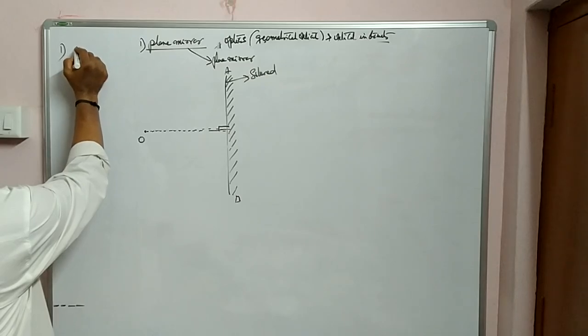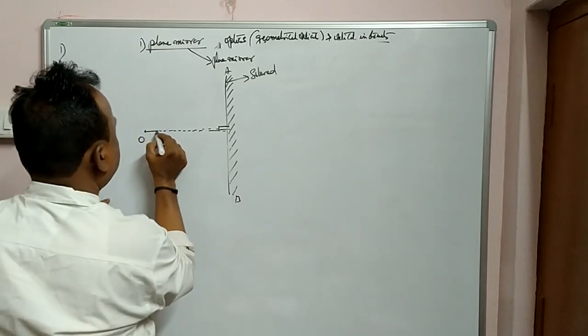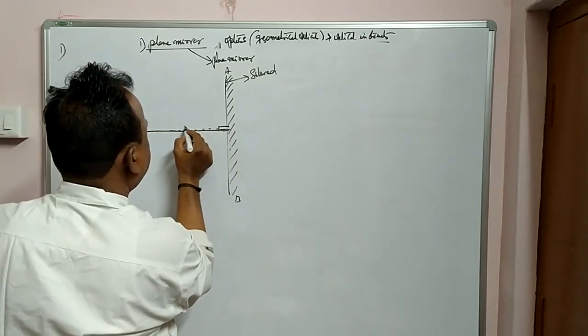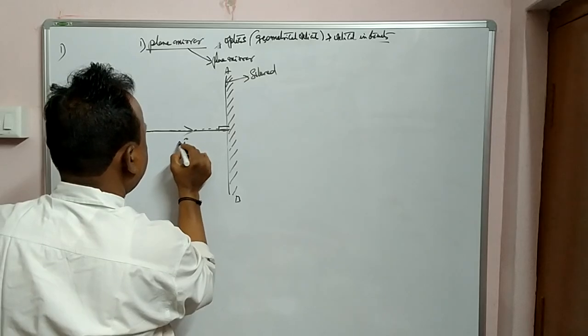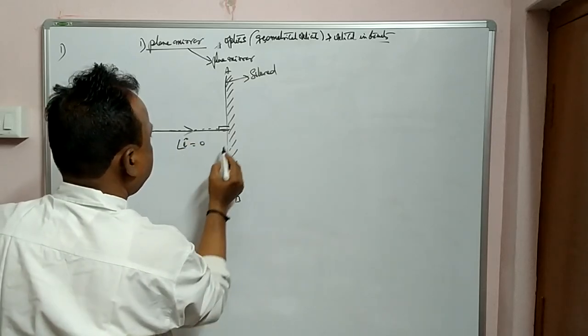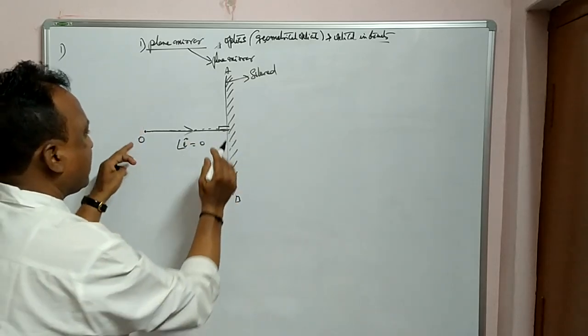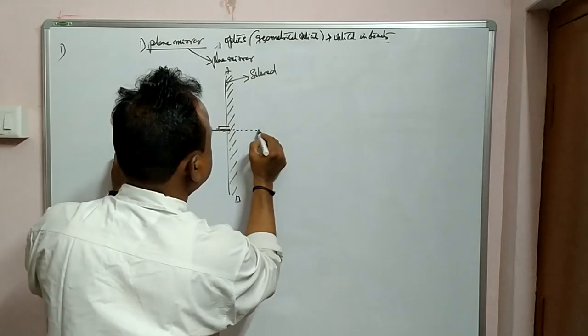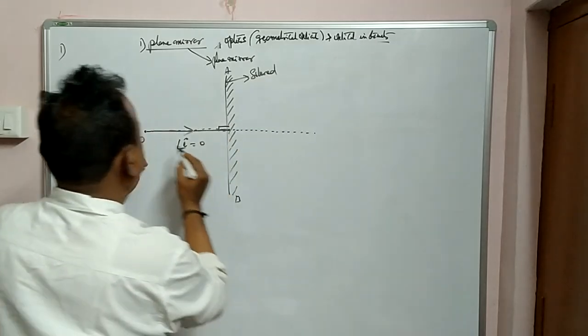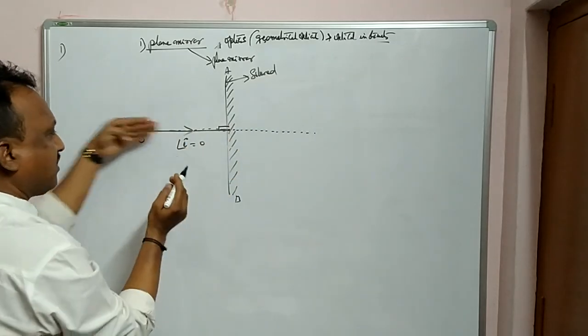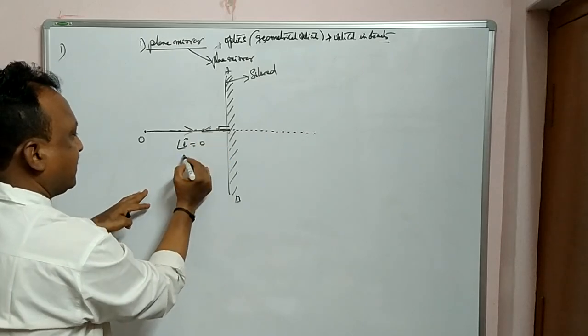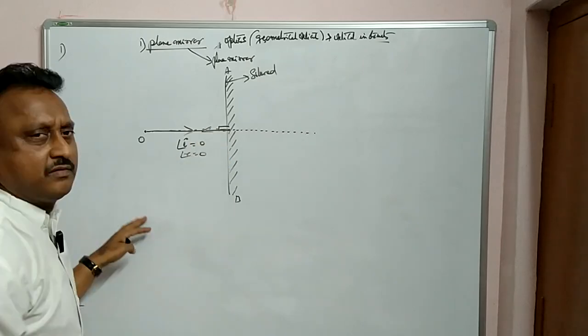One I will take along the normal incidence, angle of incidence is 0, and in a plane mirror, when the light enters, again it comes back because it's a normal incidence. Malli venakku vachesthundi. So angle of reflection is equal to 0.